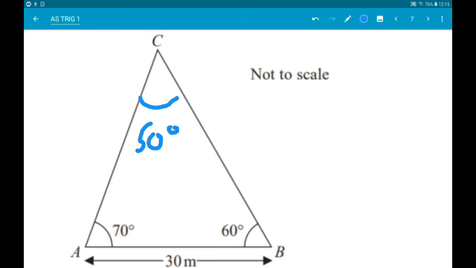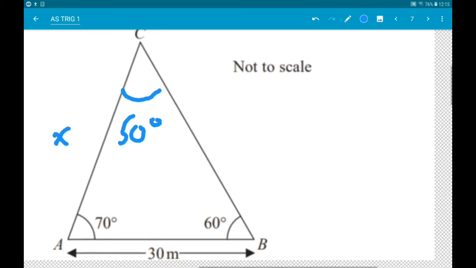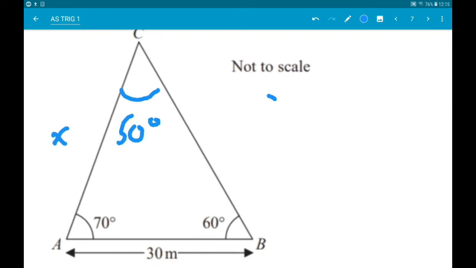So I'm going to find this side, so I'm going to call it x. So I can say x over sine 60 is equal to 30 over sine 50.